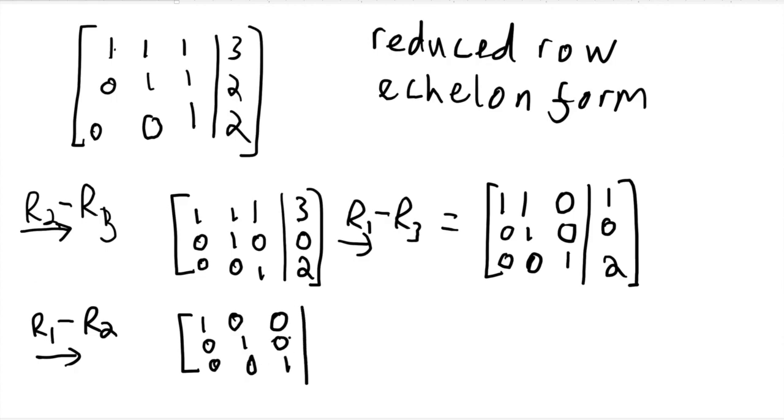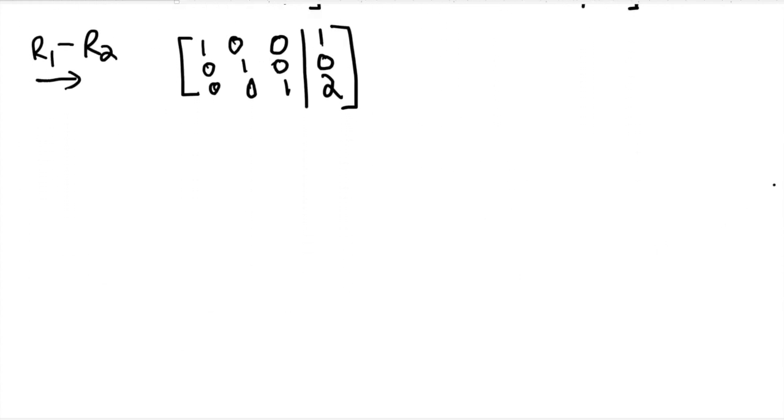And then on the right hand side of the vertical line, we will have 1, 0, 2. And then because we're now at the top column, we don't have to carry out this process again. And that's it. We have now put the matrix into reduced row echelon form.